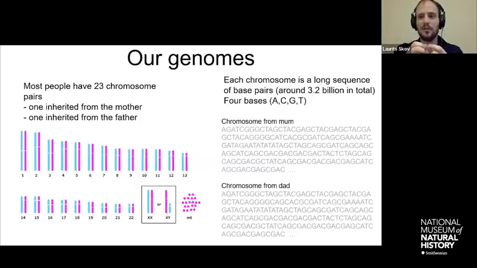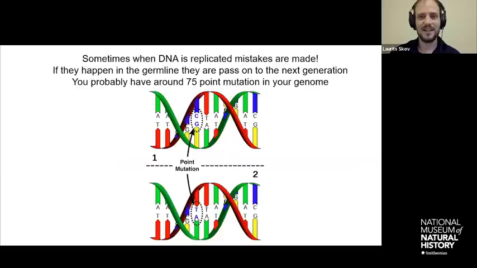It consists of 4 chemically different types of molecules called bases, which we call A, C, G, and T for short. You could imagine this as a book, more than 3 billion letters long. You get one book from your mom and one book from your dad. Next slide.